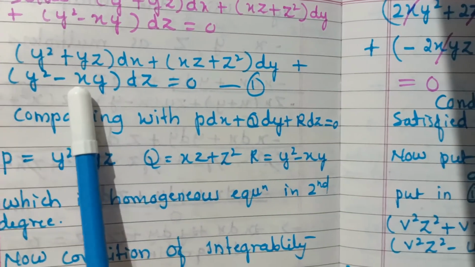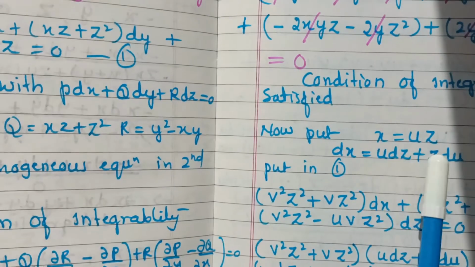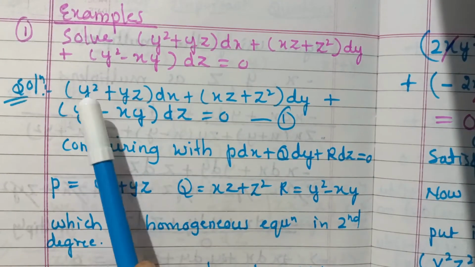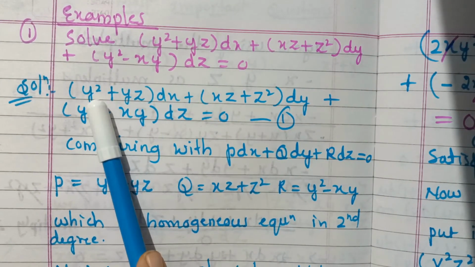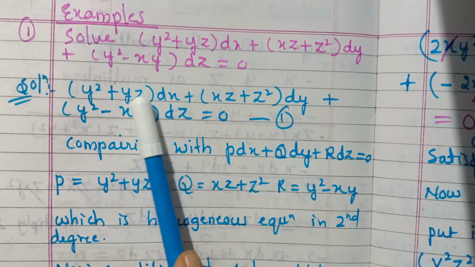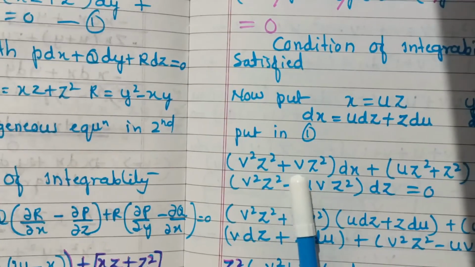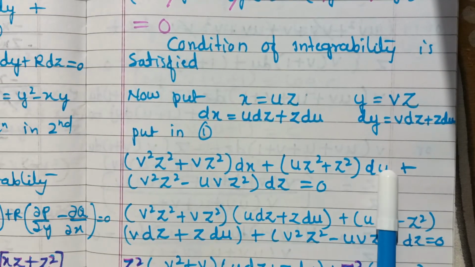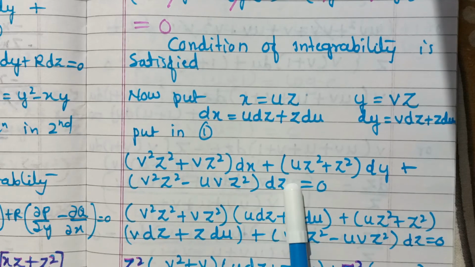And the y value is nothing but vz. Therefore vz times u z means it is uv into z square. V square into z square plus, again it is v into z square. Likewise we have to put all the values into dx, again put all the values into dy, plus put all the values into dz.